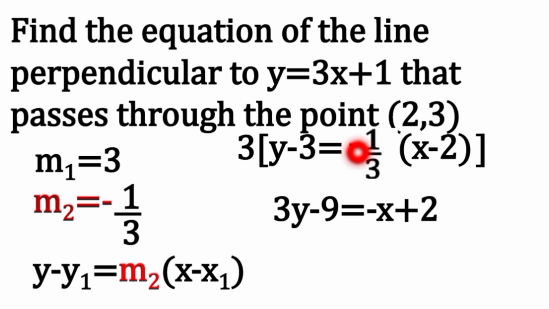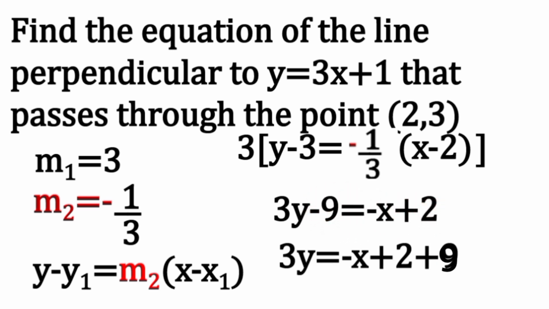If you distribute this negative, so negative x, and this one becomes positive 2, so 3y minus 9 equals negative x plus 2. We can transpose this 9 to the right side of the equation, so 3y equals negative x plus 2 plus 9, and 2 plus 9 is 11, so 3y equals negative x plus 11, and transpose this negative x to the left side of the equation.